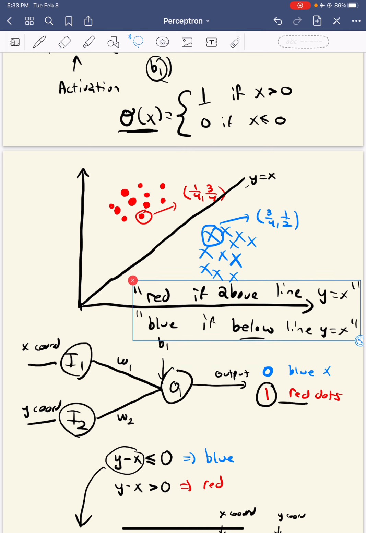And that is precisely what that picture shows us. So that's just a little toy example of how a perceptron works.